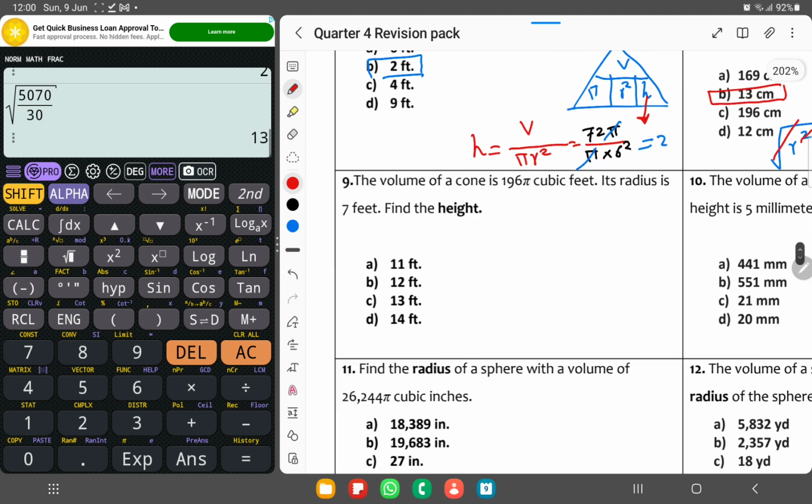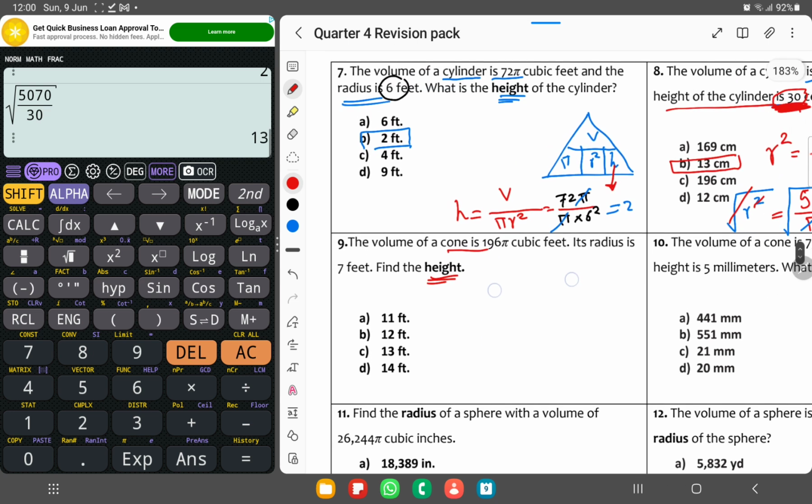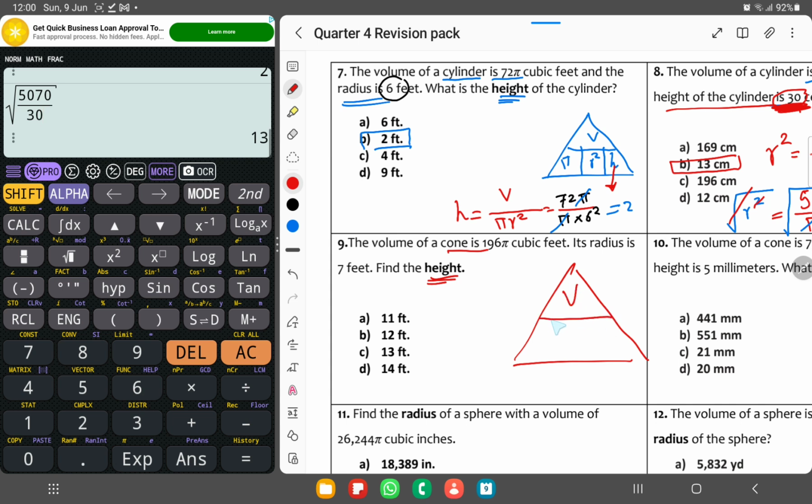Next, the same idea. You have a cone and he's asking about the height. Again, the volume of the cone, V, is 1 over 3 pi r squared h. Very good. So how do I find the height? Height equals V over 1 over 3 pi r squared.